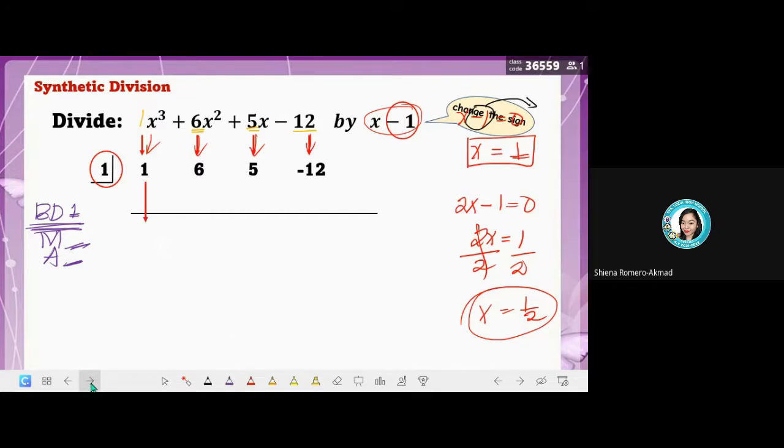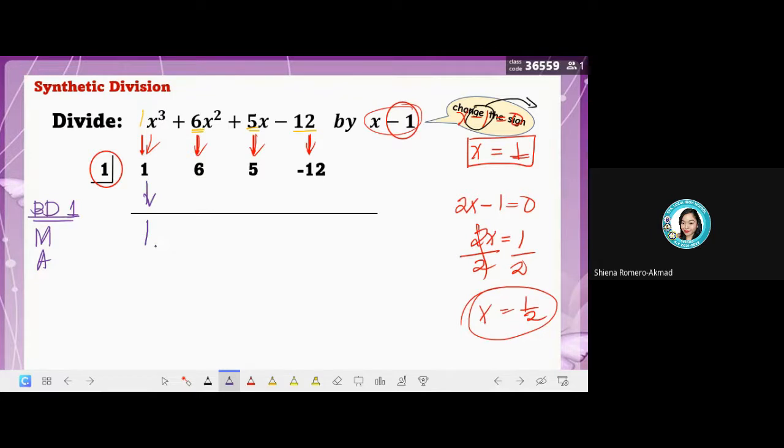Bring down. 1. 1 times 1 is 1. Sulat natin siya dyan. Sige, explain ko muna ng maayos. Ulitin ko, bring down ng isang beses lang, then multiply, add. So, isang beses lang yan bring down ko to.